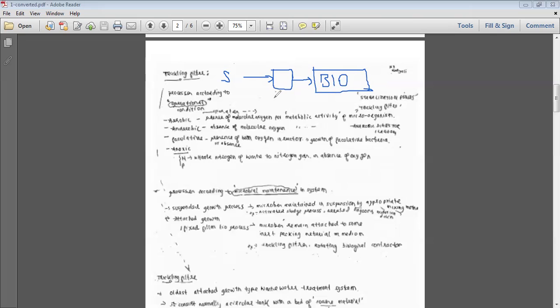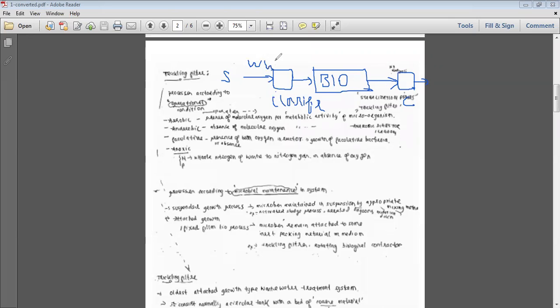In industry we call the tank a clarifier. Then one more sedimentation tank or clarifier is kept here.